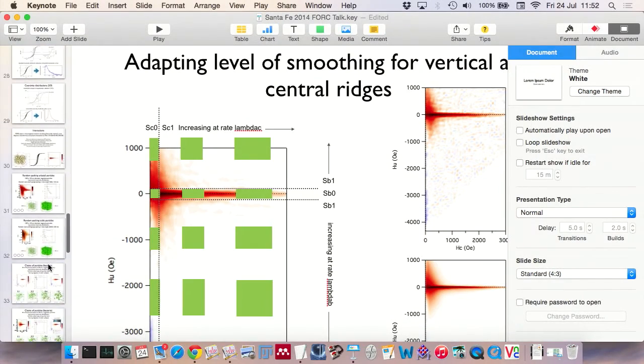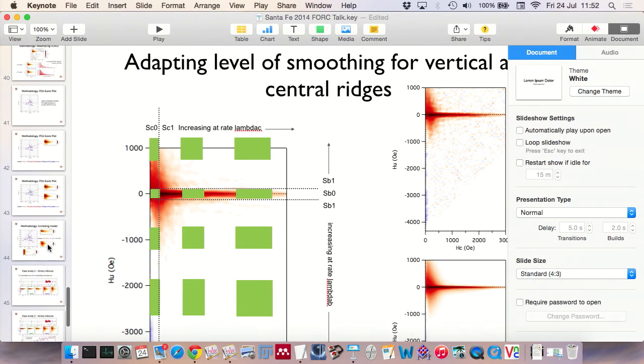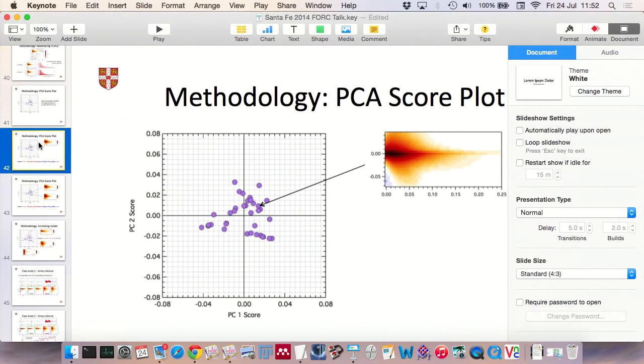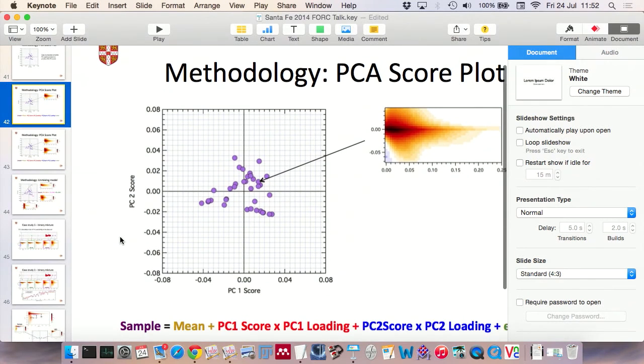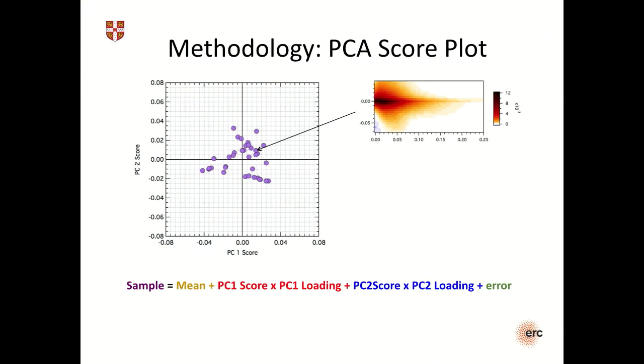I guess I can show the equation. Is that the one? Yay. Okay. In terms of equations, our sample is the average fork diagram plus a principal component score times this loading vector.